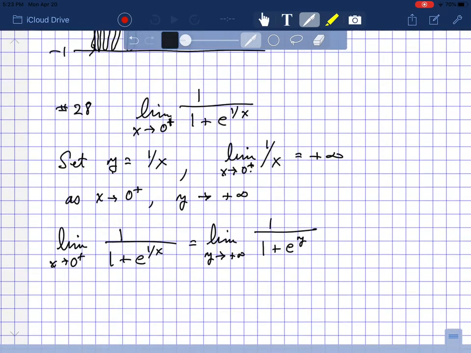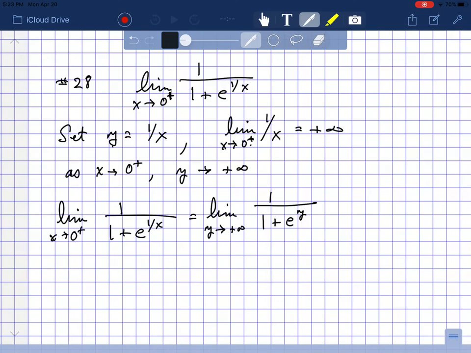Now, what do we know? What happens to 1 plus e to the y as y goes to plus infinity? Well, this certainly goes to plus infinity as y goes to plus infinity. Okay? Because we know the exponential function blows up.